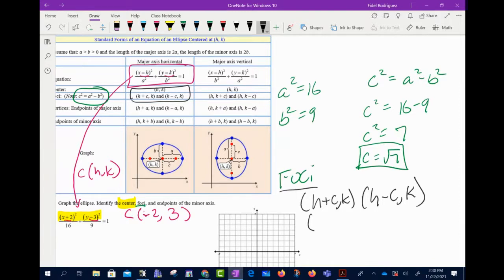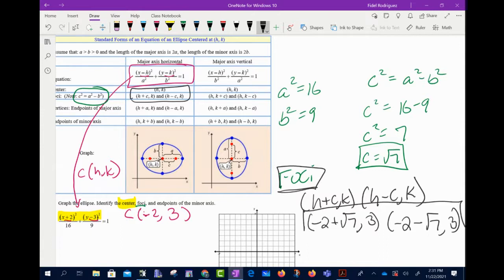Wasn't our h value negative 2? So negative 2 plus c, which is the square root of 7, comma, k, which was 3, and then h, which was negative 2, minus the square root of 7, and then our k value, which again was 3. Okay, so here are the coordinates of our foci.